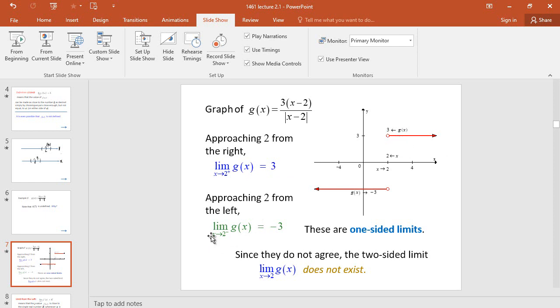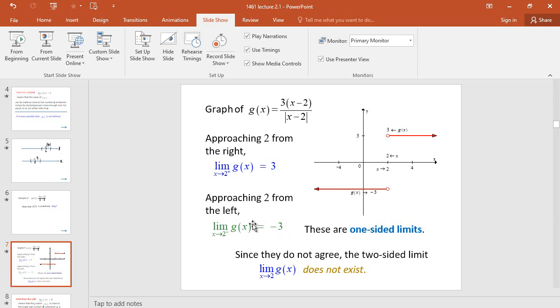On the other hand, by putting a negative sign on top of 2, we are denoting that x is approaching 2 on the left side of 2. So the limit of g of x as x approaches 2 from the left is equal to negative 3 here.